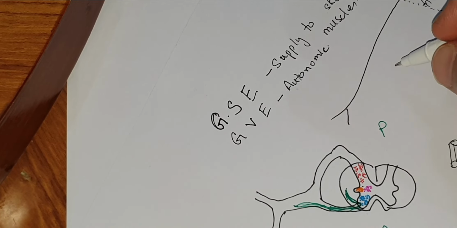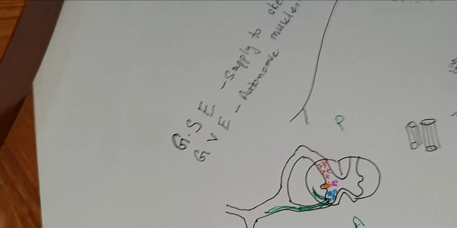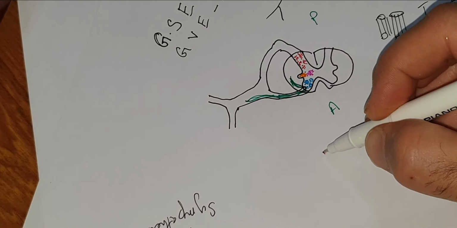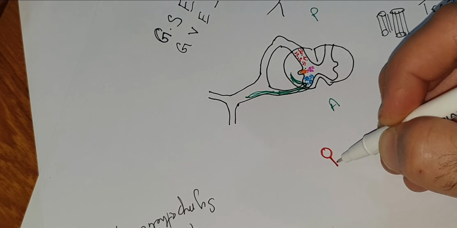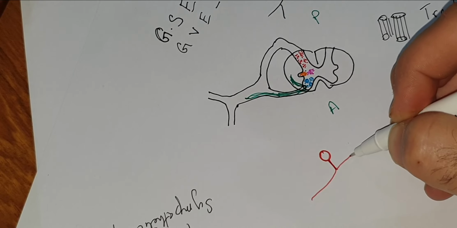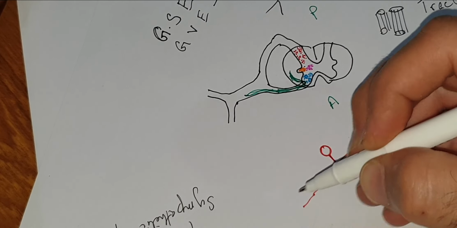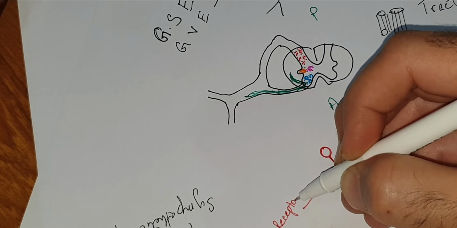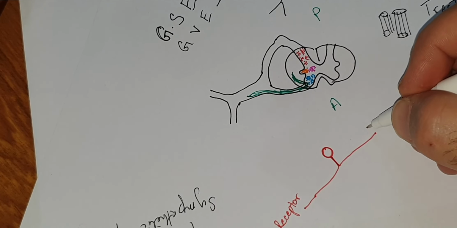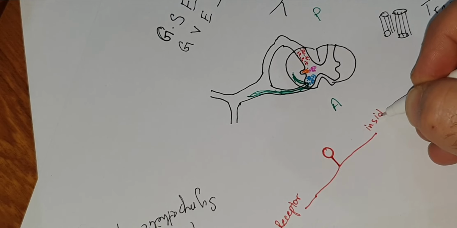Now, what are pseudo unipolar cells? Pseudo unipolar cells are the neurons which have a single cell body from which one axon starts and it divides into two parts. One of the parts goes towards the receptor, and the other part goes inside the CNS.